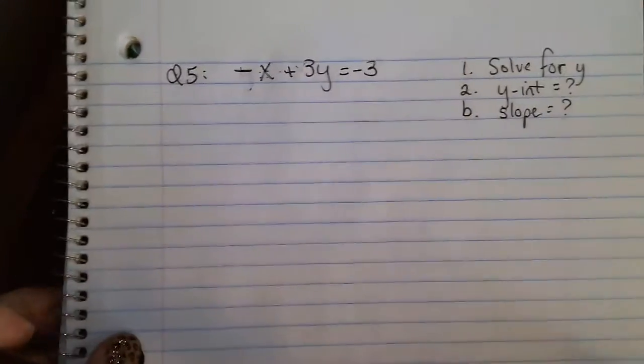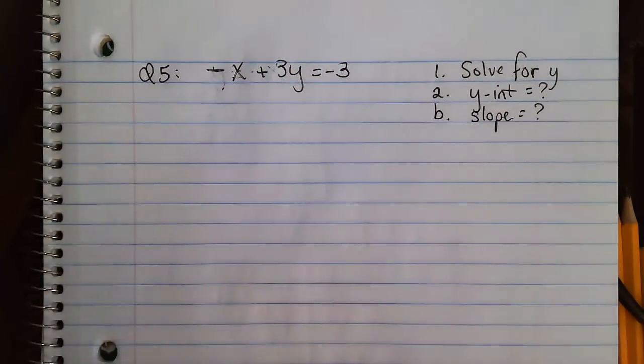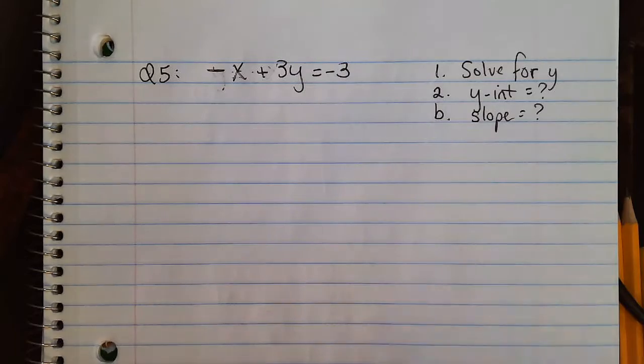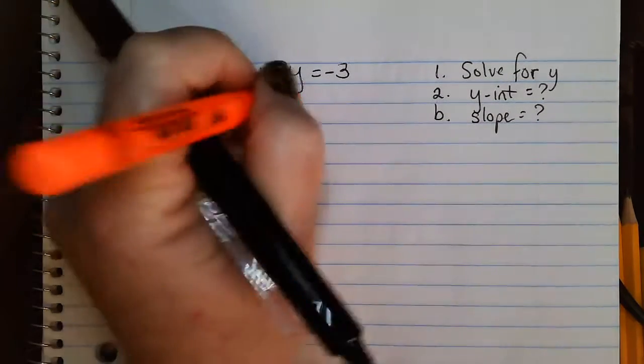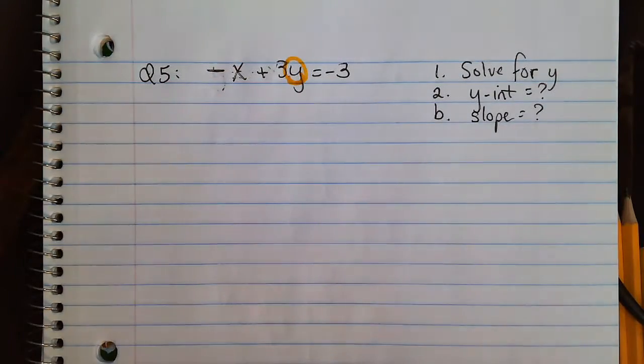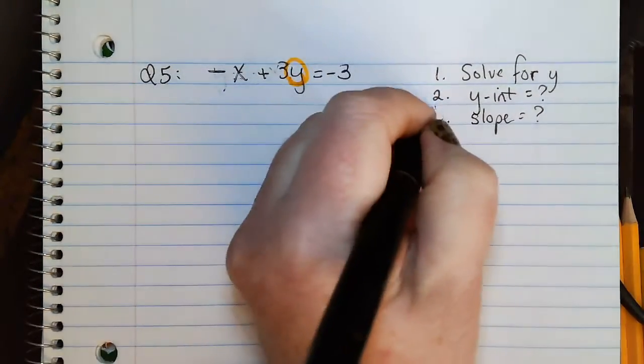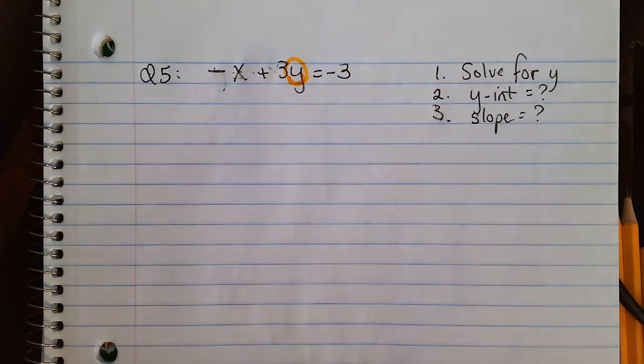Okay? Question 5, we have negative x plus 3y equals negative 3, and we're going to solve for y. Again, we're going to isolate this. Oh, what am I doing? That's a 3. So the first thing we're going to do is solve for y.